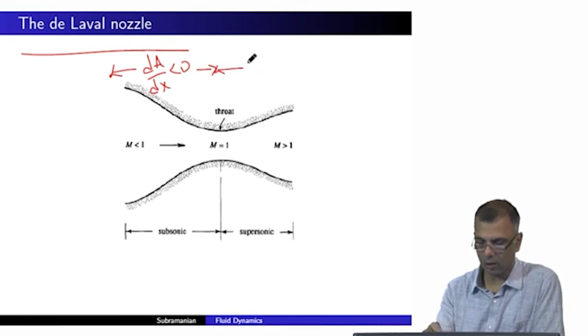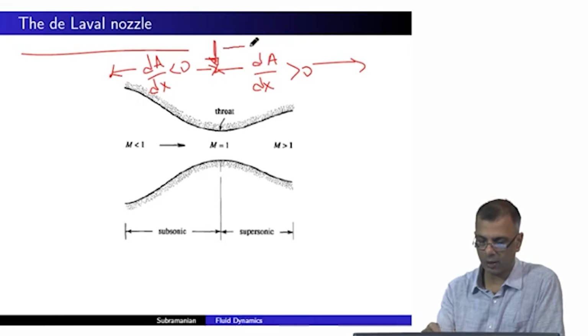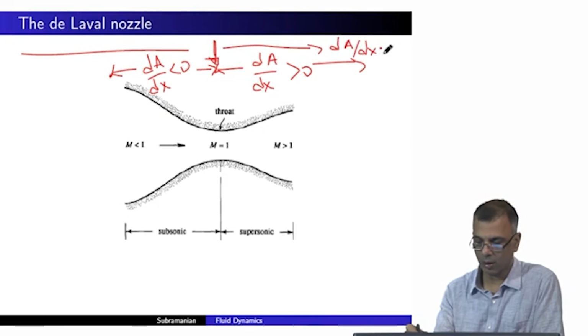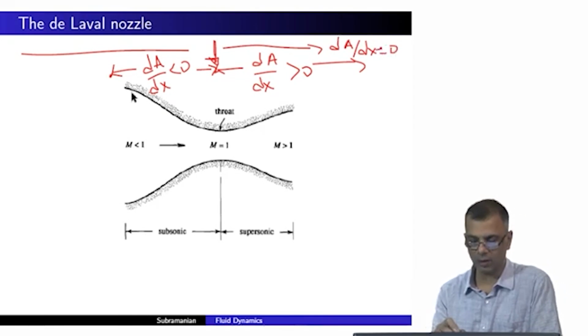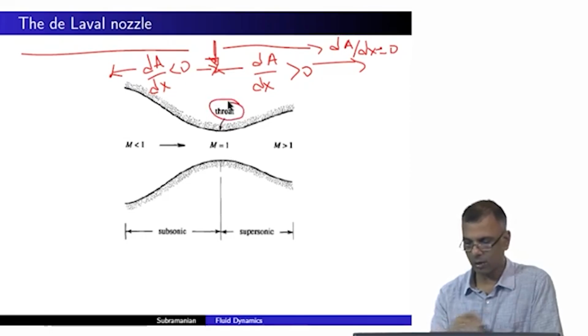And dA/dx is less than 0 to the left, it is equal to 0 exactly at this point called the throat, right?